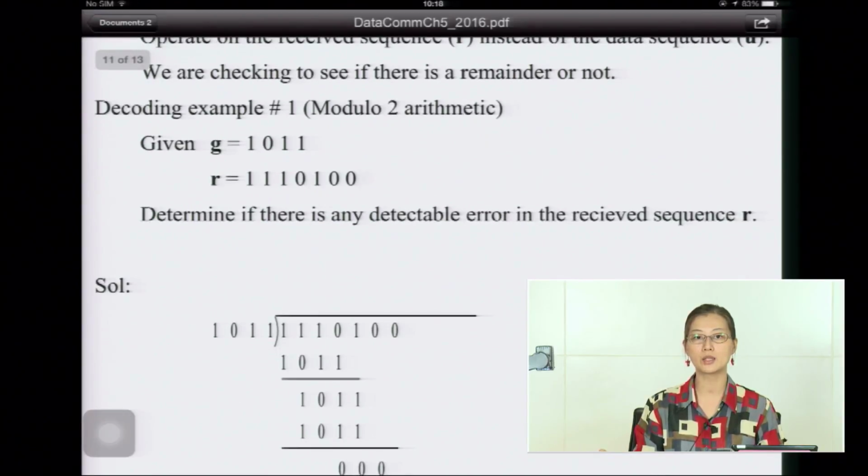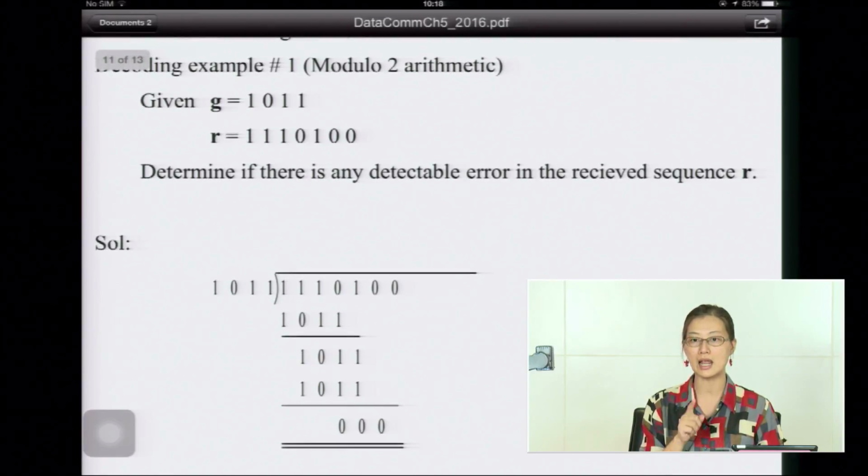So the first one, modular 2 arithmetic. Suppose G equals 1, 0, 1, 1, and R equals 1, 1, 1, 0, 1, 0, 0, okay? We have to define whether the left-hand side is the least significant bit or the most significant bit. In this case, the left-hand side is the most significant bit, okay? So when you divide, you will put the most significant bit on the left. So for R, you divide R by G, right?